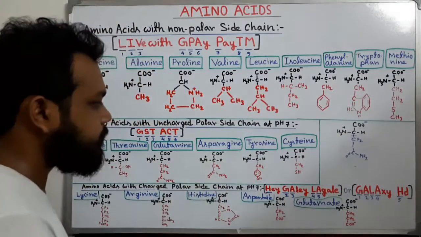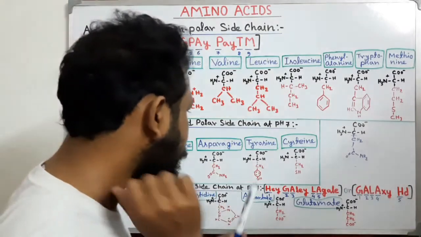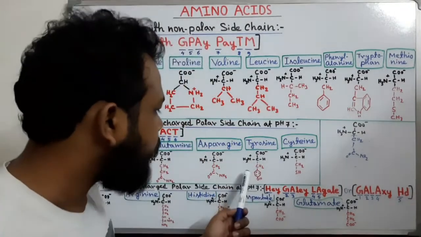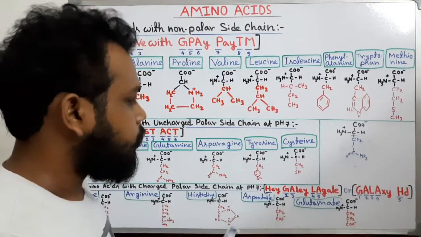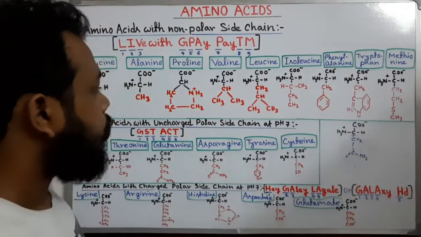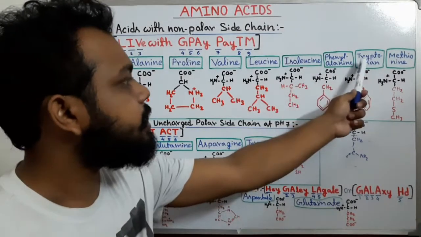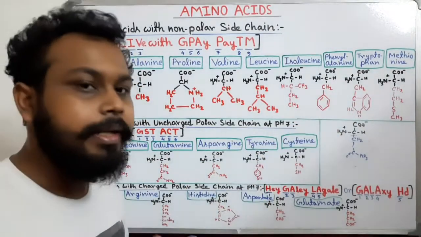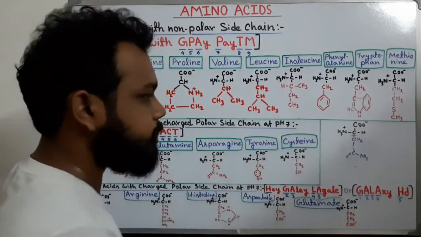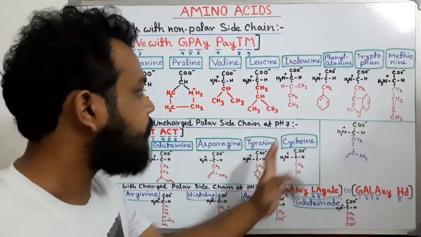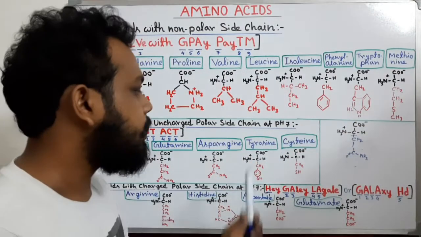Next one is tyrosine. Tyrosine also has an aromatic ring or phenyl group. A total of 3 amino acids have the aromatic ring, that is phenylalanine, tryptophan and tyrosine. Only these 3 amino acids have an aromatic ring in their side chain.